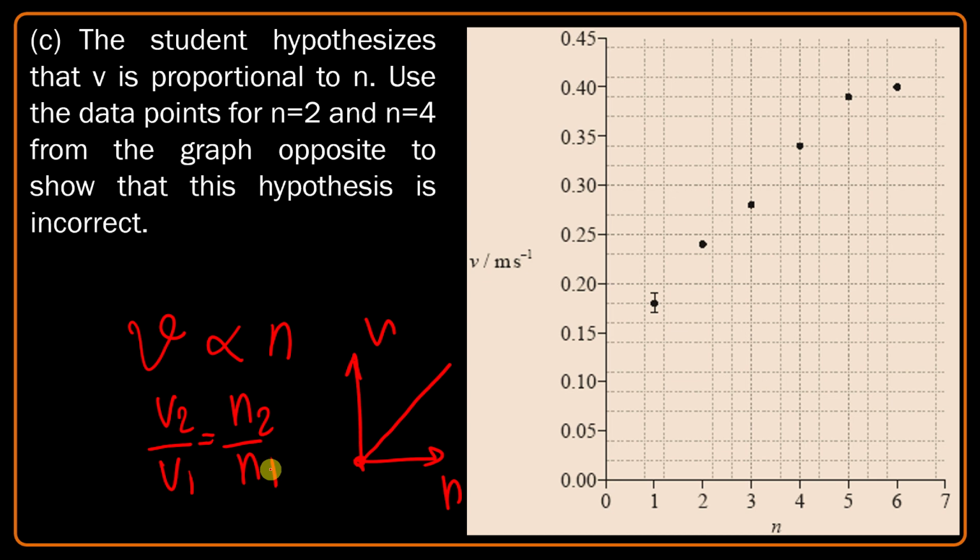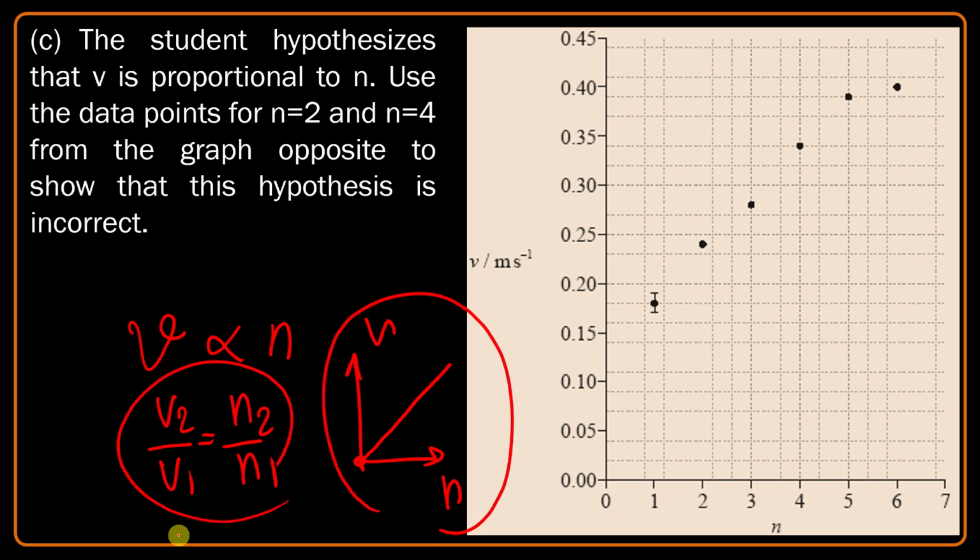If I take two corresponding values, the ratios must be the same. These are different aspects of proportionality. I should prove one of them. I think this one is good.